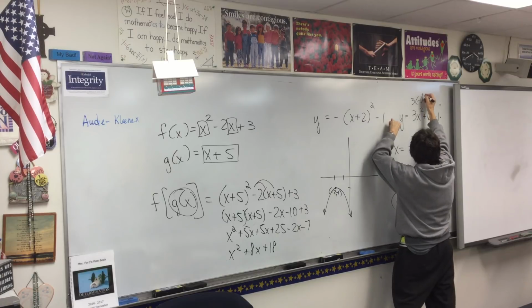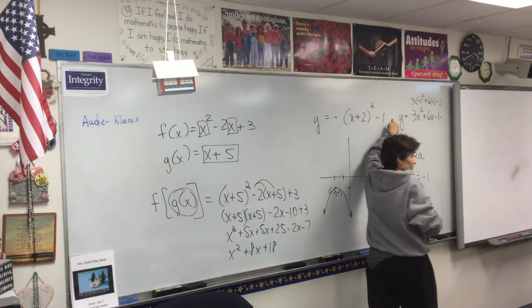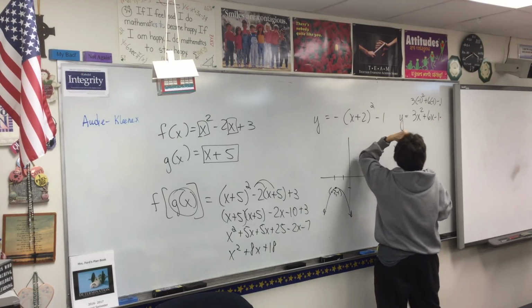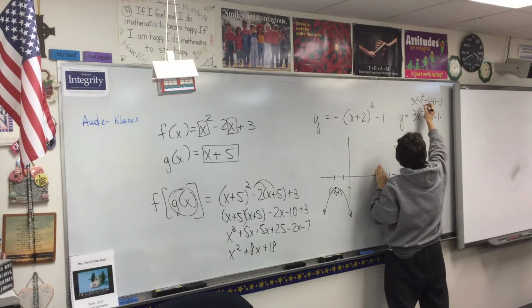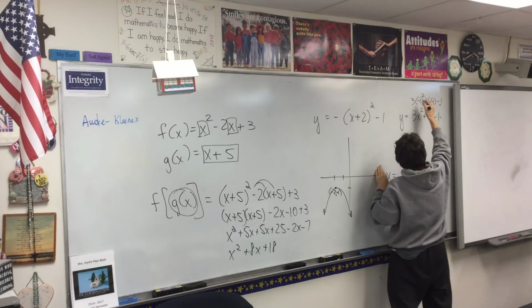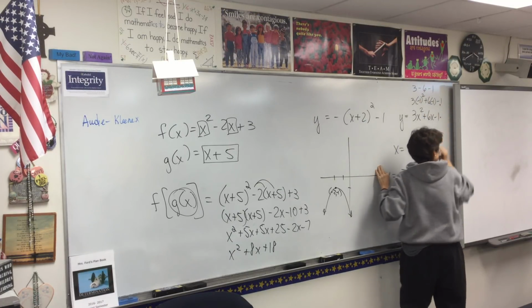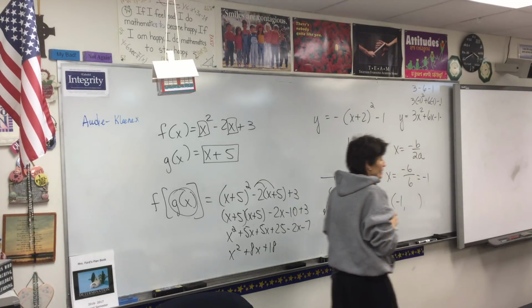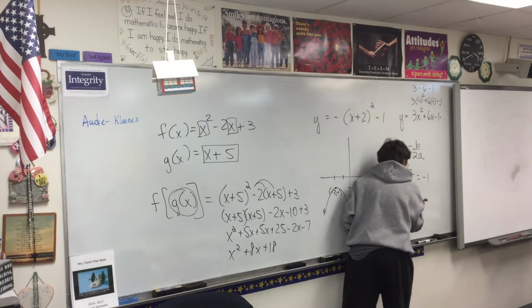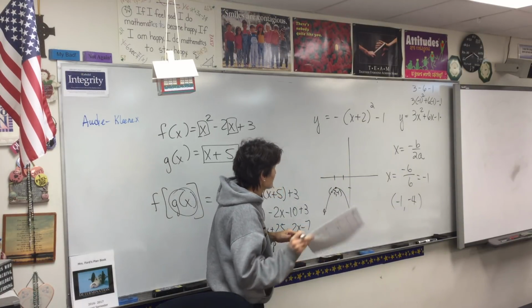So 3 times -1 squared, 6 times -1 minus 1. So what's 3 times -1 squared? That would be -1, always square first. That'd be 3. So that'd just be 3. Minus 6, minus 1. So 3 minus 6, minus 1, -4. So there's your vertex. There is your vertex.